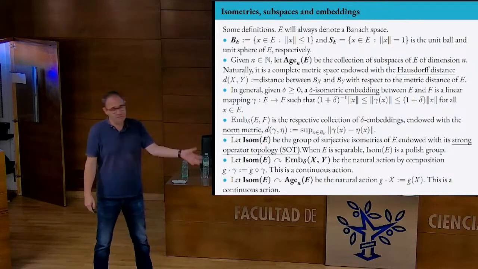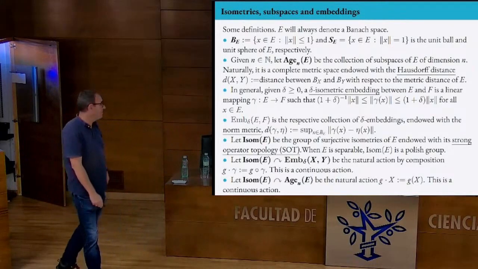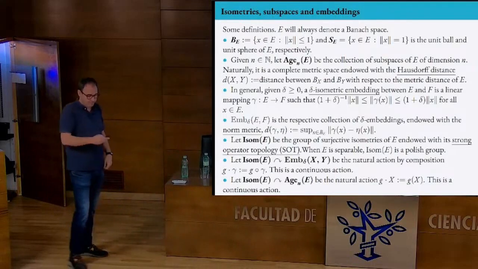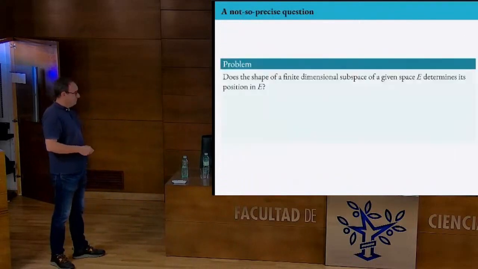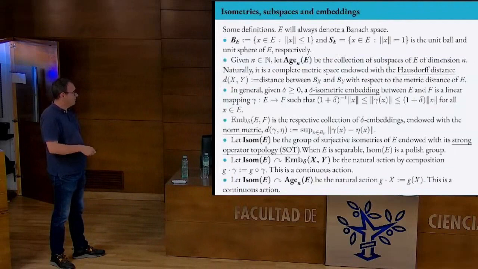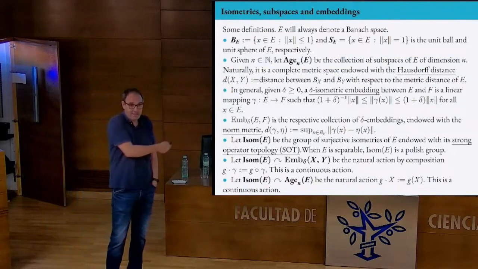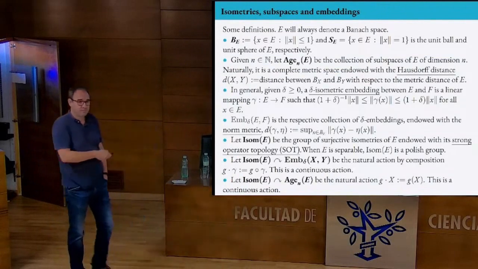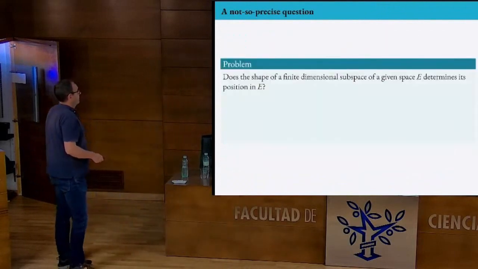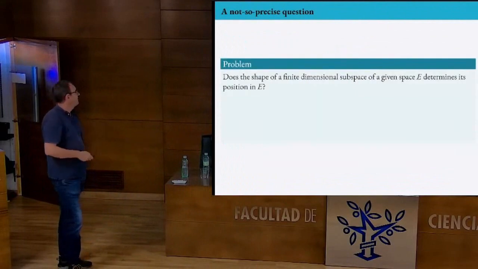You have this n-dimensional space and G of this space, and this is the action. Of course, all the distances work fine. They are all invariant because they are isometries. Yes? Those are the distances I am considering here.